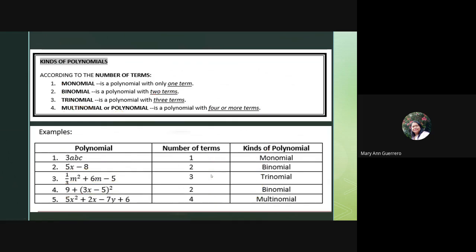Next. Another classification are kinds of polynomials aside from the number of terms. As monomial, binomial, trinomial, multinomial, we also have constant, polynomial, linear, quadratic, cubic, quartic, and quintic. No? So ito, kailangan alamin natin yung degree niya. If the degree is 0, then it is a constant polynomial.